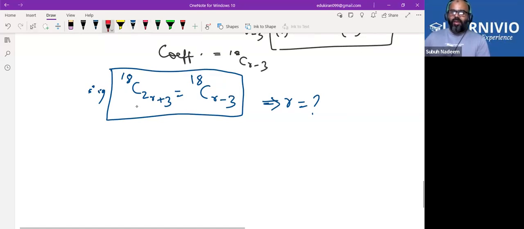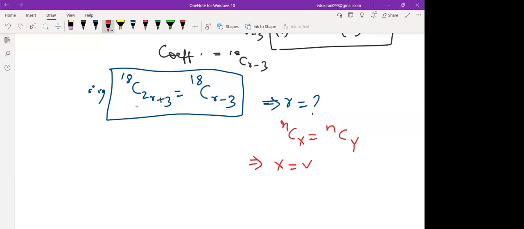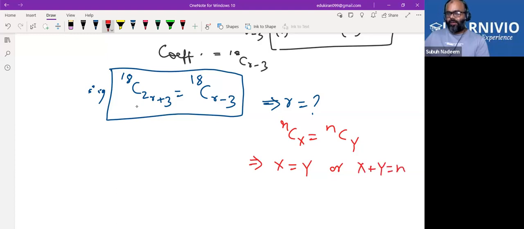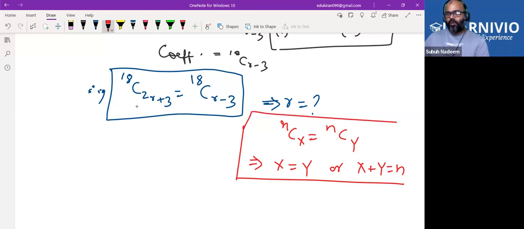What if nCx is equal to nCy? We have two options: either x is equal to y, or x plus y is equal to n. In that case also, these are equal. You have to remember this. This is a very, very important property. nCx is equal to nCy means x equal to y or x plus y equal to n.